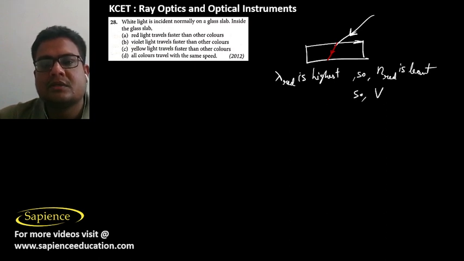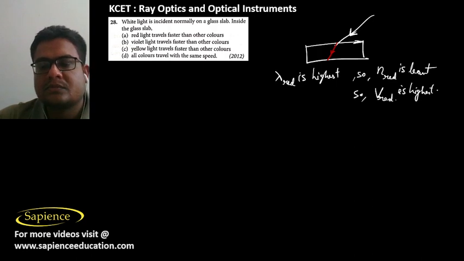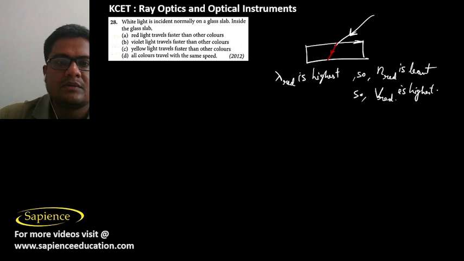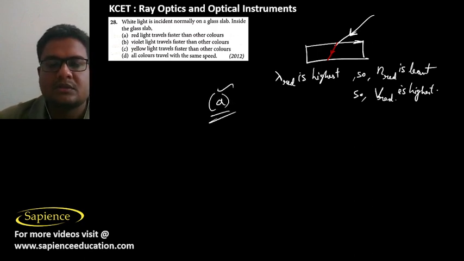So the speed of the red light is the highest. So red light travels faster than other colors. So option A is the correct answer.